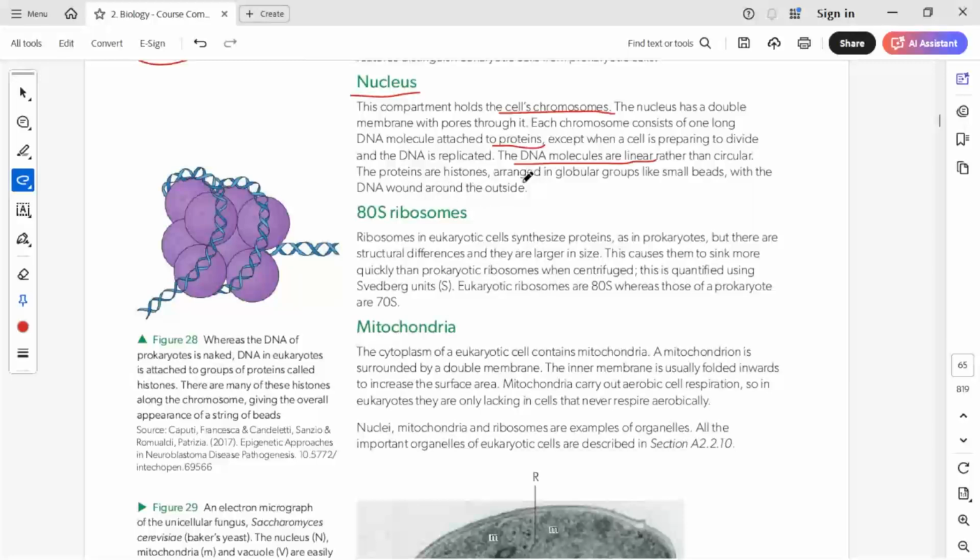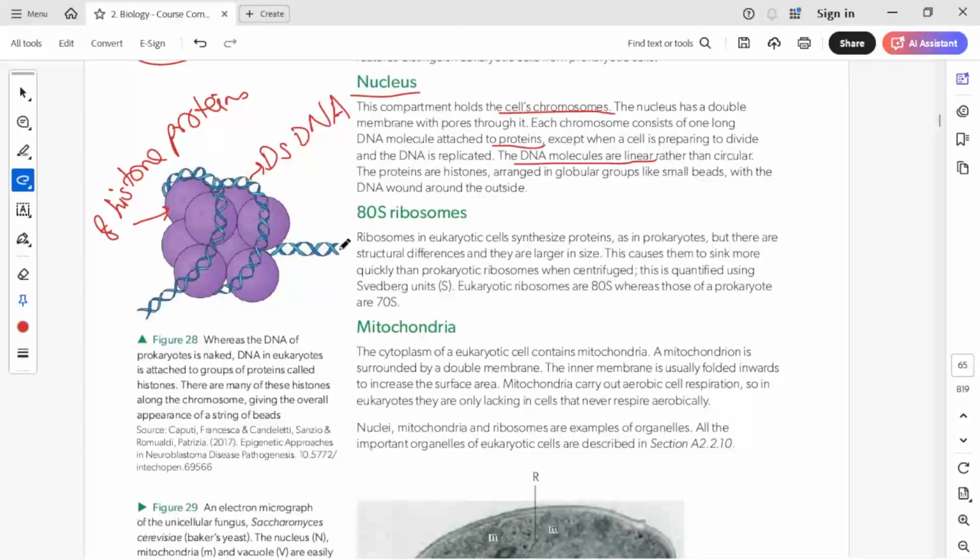The proteins are histones arranged in globular groups called small beads, with the DNA wound around the outside. Suppose, for example, this is the DNA, and this is the core, basically histones. It forms a nucleosome. So this one particular structure is called a nucleosome, and there will be around 8 histone proteins around which this double-stranded DNA will be wound like this.